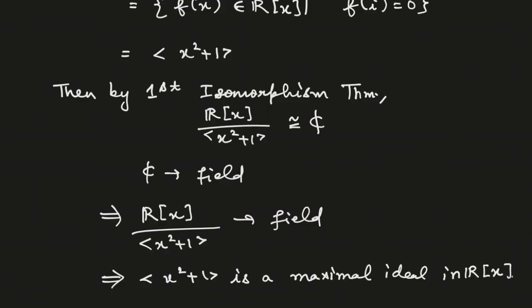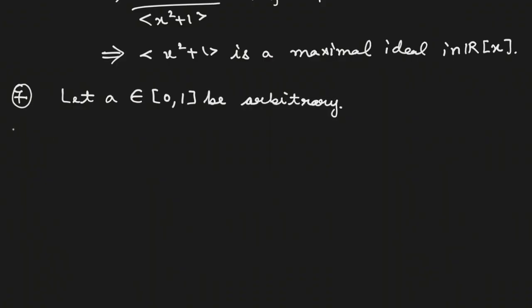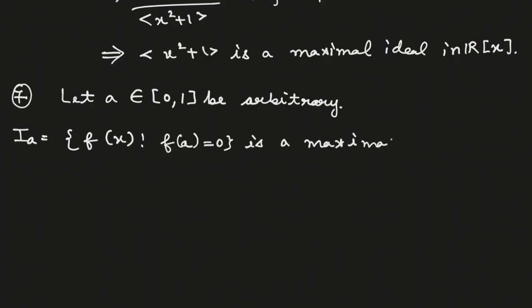Next example. Let a belong to the closed interval [0,1], arbitrary. I_a, which is equal to the set of f(x) such that f(a) equals 0, is a maximal ideal in C[0,1].